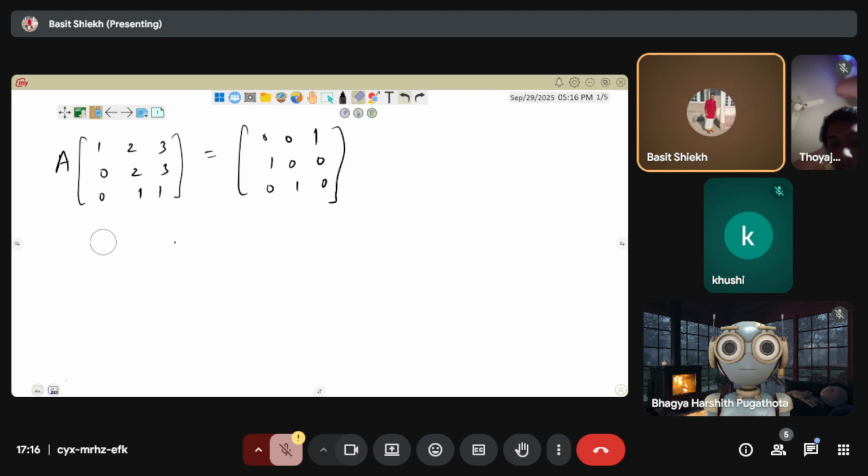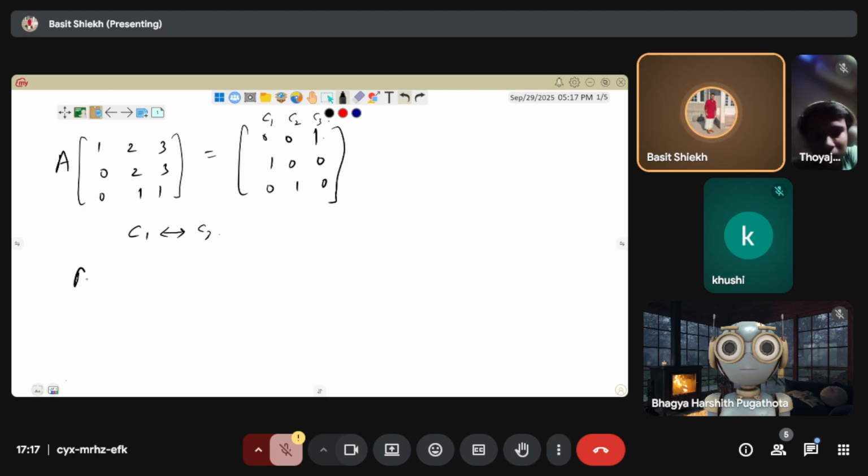So try. This is C1, C2, C3. So we can interchange C1 with C3. So here we will also interchange.